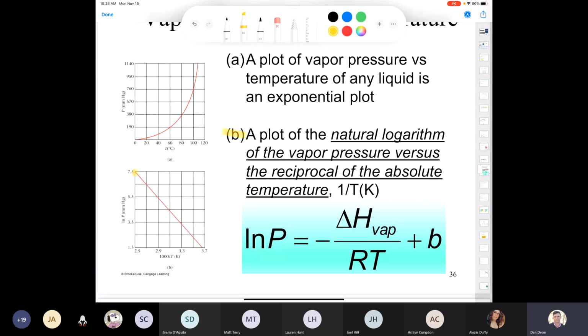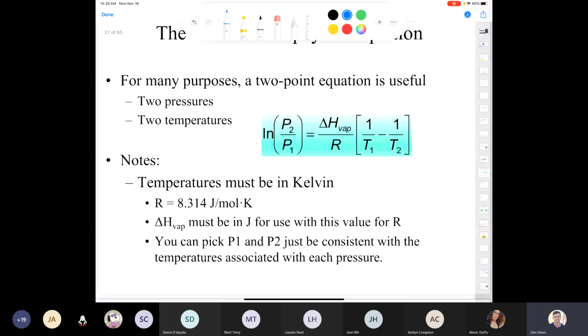And so if we have our pressure and our temperature and our y-intercept, we can determine the heat of vaporization. But what about if we had 2 points, right? It's going to be much more useful to use this equation in a 2-point form. If I had any 2 points along this line, then I could rearrange this equation to a 2-point form. I'll provide you with this equation for your last exam.